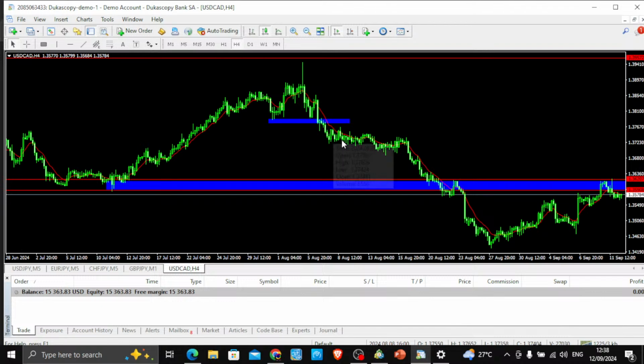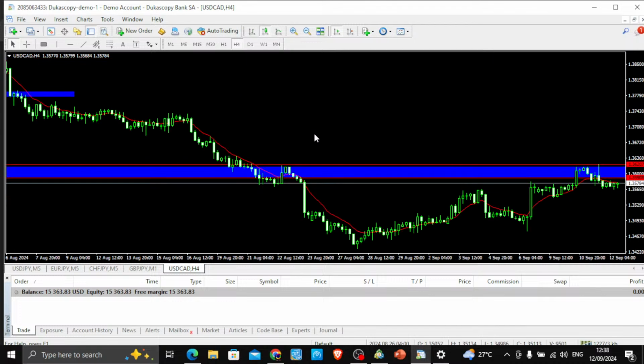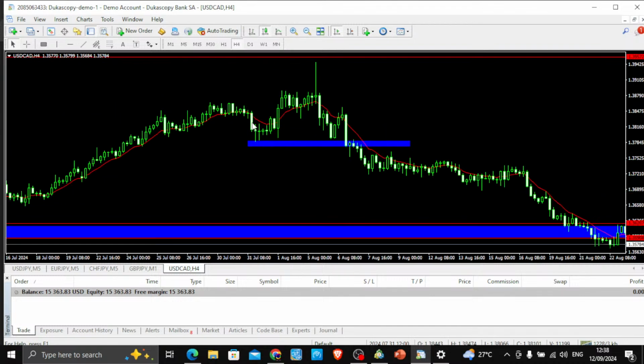It continued moving, tried to move up, but this is a weak bullish candle. With this candle, it continues coming down.